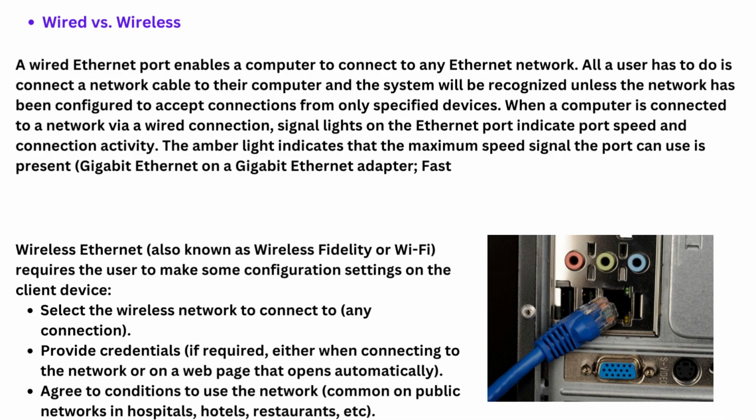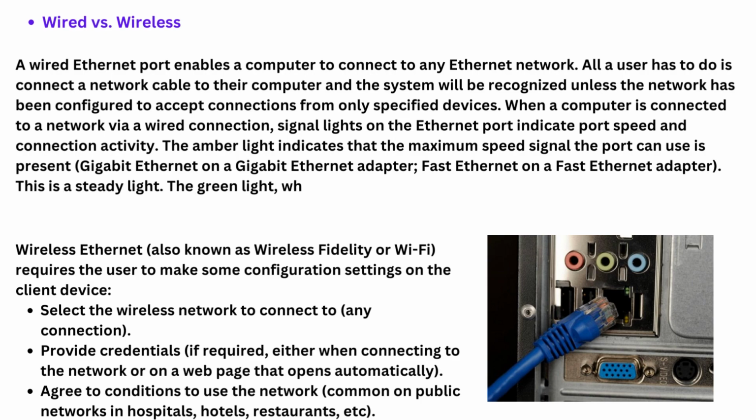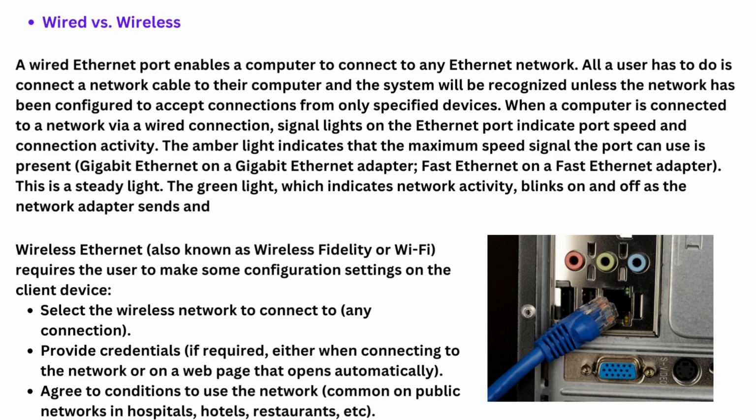Wireless Ethernet, also known as wireless fidelity or Wi-Fi, requires the user to make some configuration settings on the client device. Select the wireless network to connect to any connection. Provide credentials, if required, either when connecting to the network or on a web page that opens automatically.